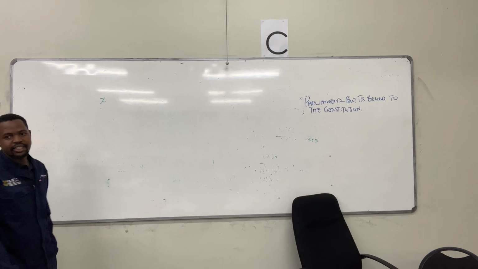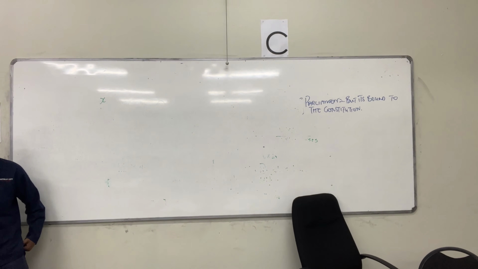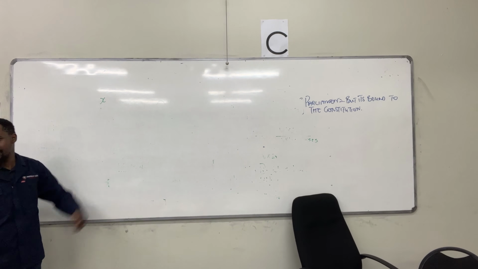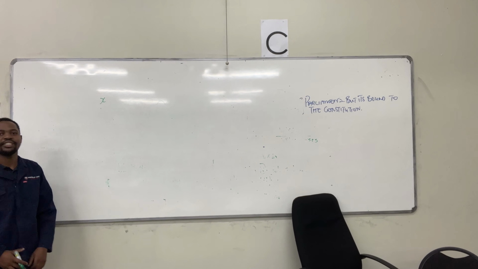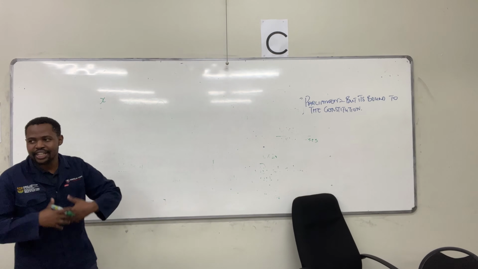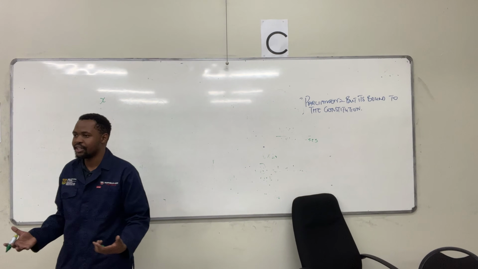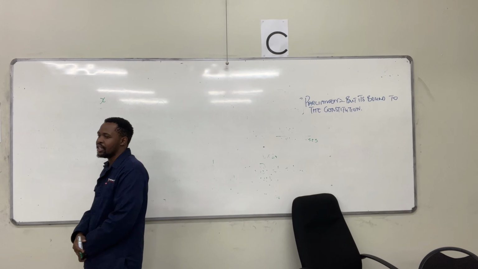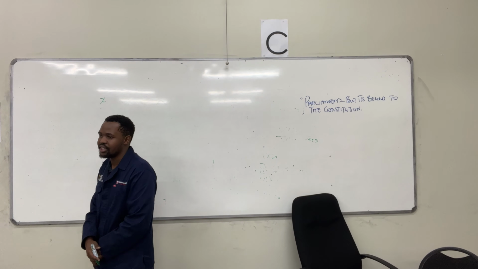When you are writing instantaneous value, you use a small letter. Why am I using X? X is just to generalize this formula, because this formula will apply on both current and voltage.